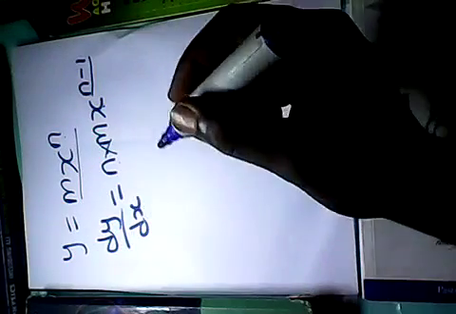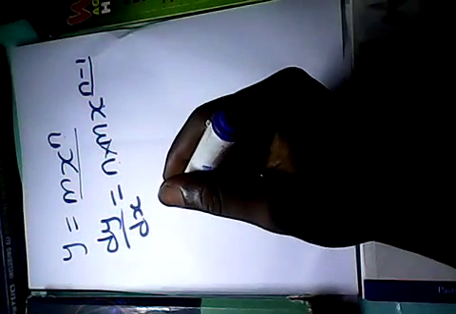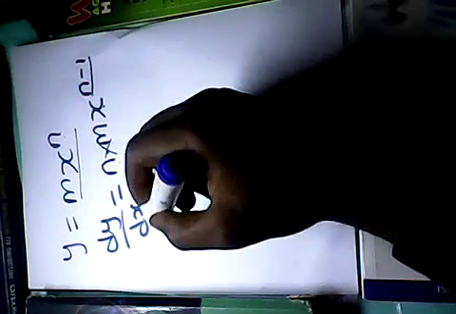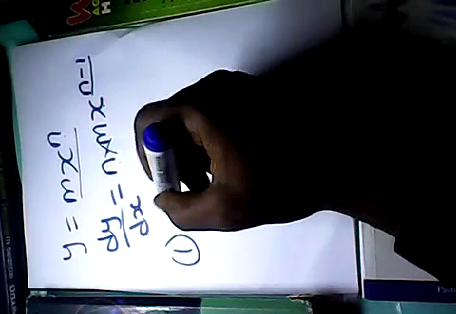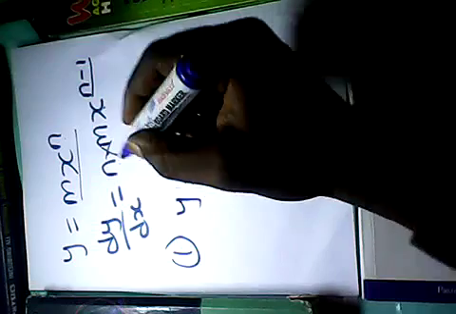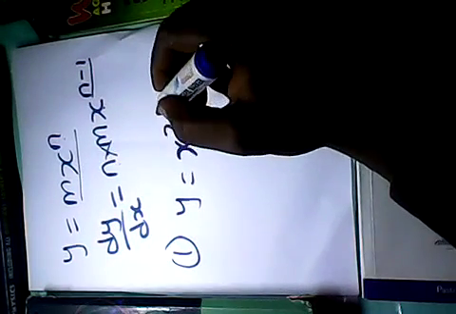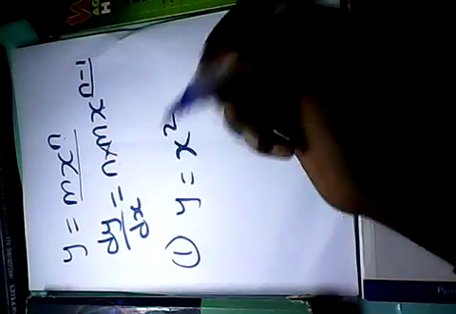Now, to apply this rule, we're going to consider 3 or 4 examples. Let's look at example 1. If we have y equal to x squared, in this case, the power of x is 2 and the coefficient is 1.